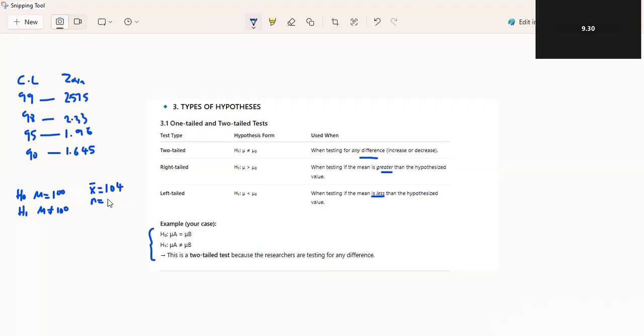Our sample size, we had 81 samples. The standard deviation is 18. Test if there's a difference at 99% confidence level.